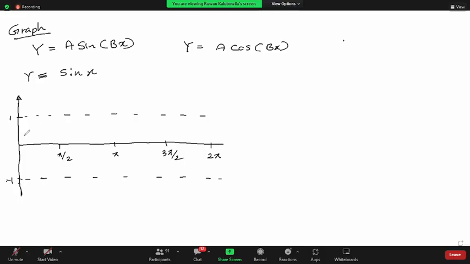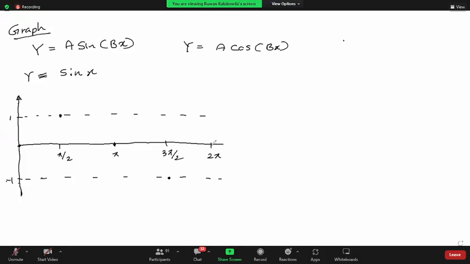Okay. Now I'm going to draw the graph. So sine 0 should be 0. Sine pi over 2 is going to plus 1. And again, sine pi comes to 0. Sine 3 pi over 2 goes to negative 1.